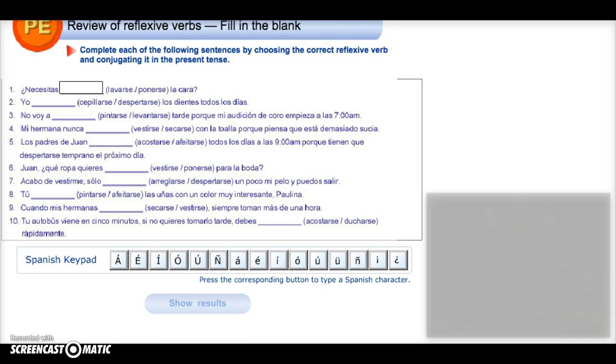You're going to complete each of the following sentences by choosing the correct reflexive verb and conjugating the verb in the present tense. Remember, chicos, recuerdas, por favor, you need two parts. So, por ejemplo, número uno, we have necesitas. Well, look, we're starting with a conjugated verb. I have to choose, is it lavarse or is it ponerse?